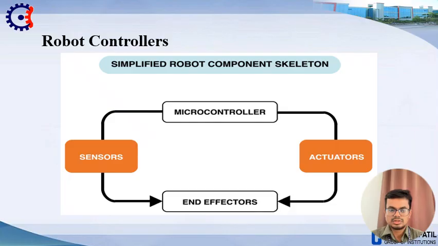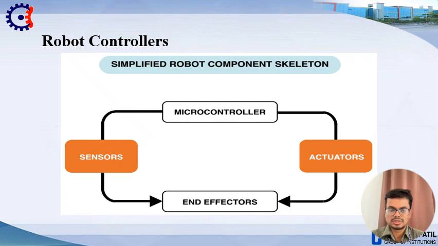In sensors, there are different types, like vision sensor, gas sensor, and it can be any kind of sensor according to our requirement and the environment in which the robot is. Later, there are actuators through which the motion is done. One example is motors.